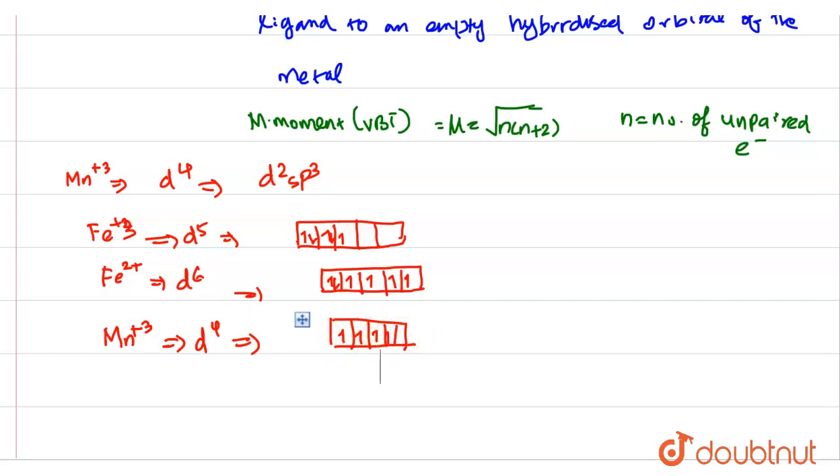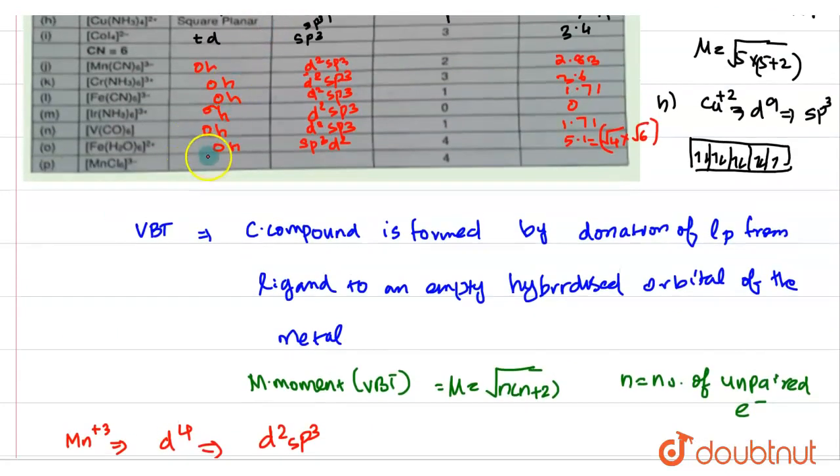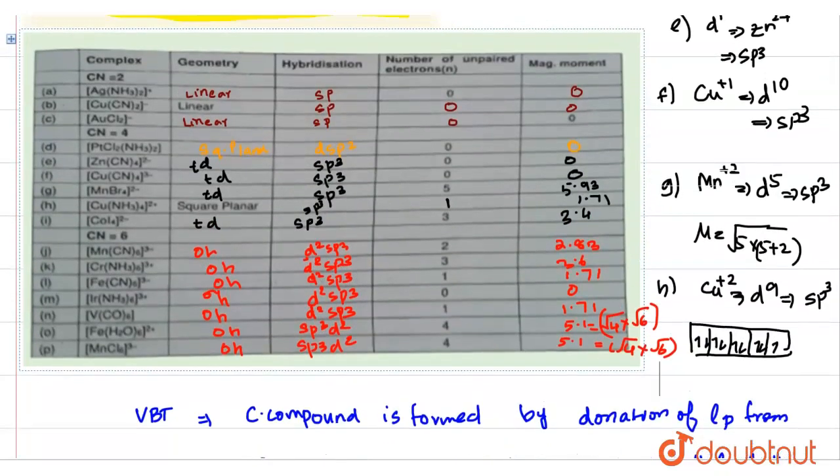So the hybridization will be again sp3d2, and it will be an octahedral complex with 4 unpaired electrons. So again its magnetic moment will be around 5.1, root 4 into root 6. So this is the complete table of the compounds using VBT theory.